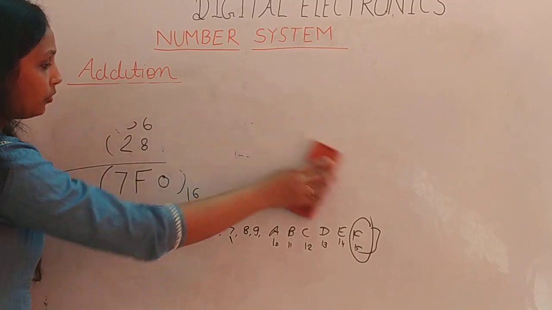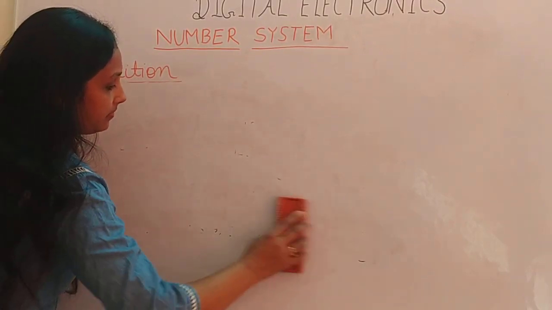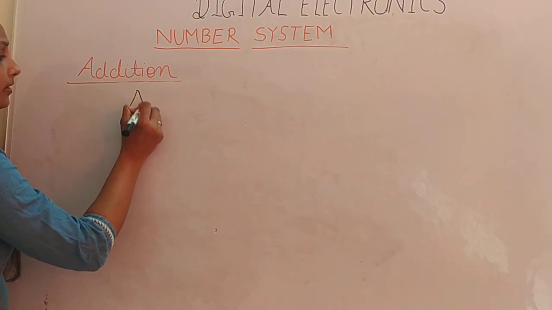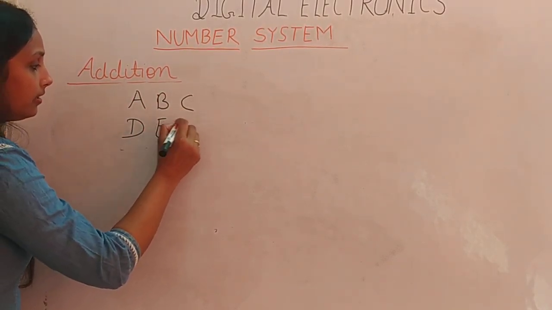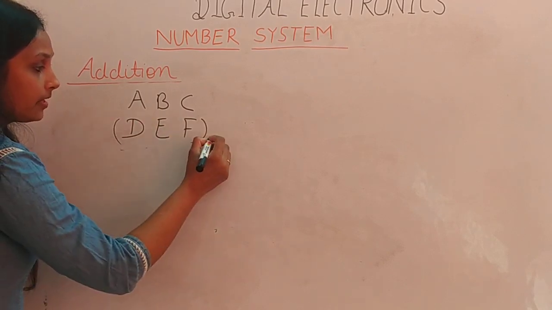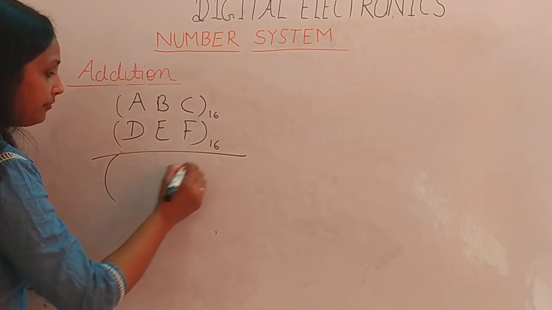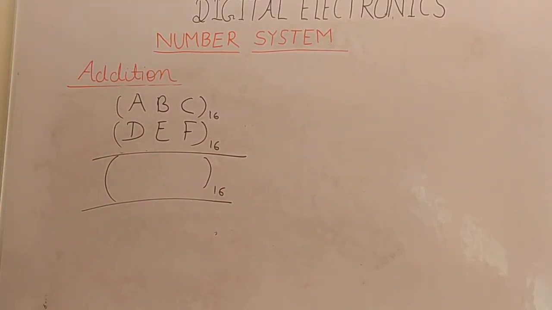We are doing addition without conversion. Now we will take one more example in hexadecimal. Suppose we want to add ABCDEF, with both in the hexadecimal system, and we want the answer in hexadecimal.